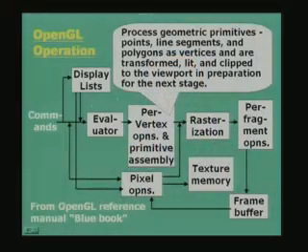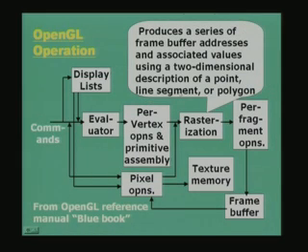So, if you look back, we are talking about references from the OpenGL Blue Book, where it talks of per vertex operations and primitive assembly. This block processes geometric primitives, points, line segments and polygons as vertices, and they are transformed, lit and clipped to the viewport in preparation for the next stage. What does rasterization do?